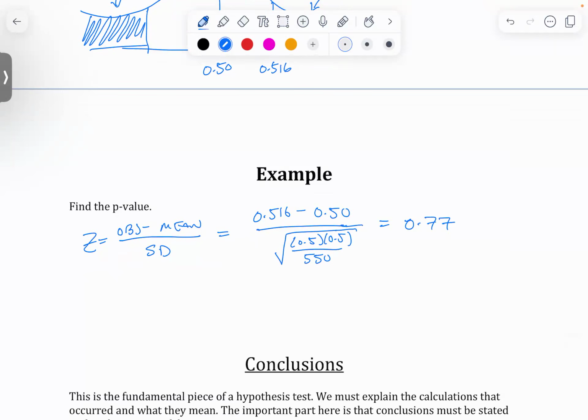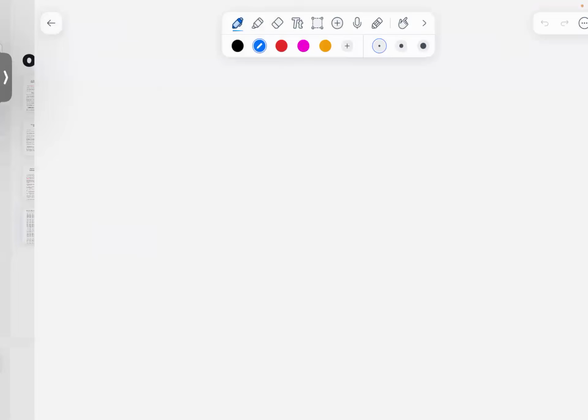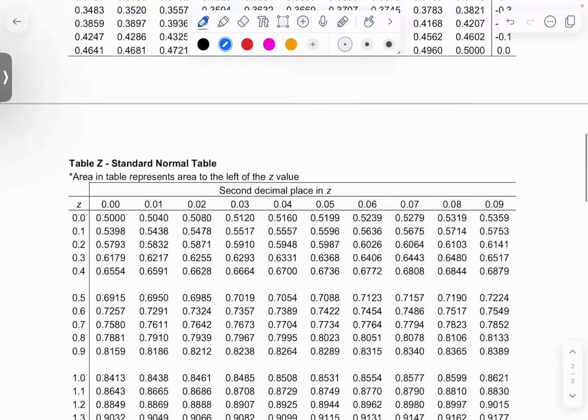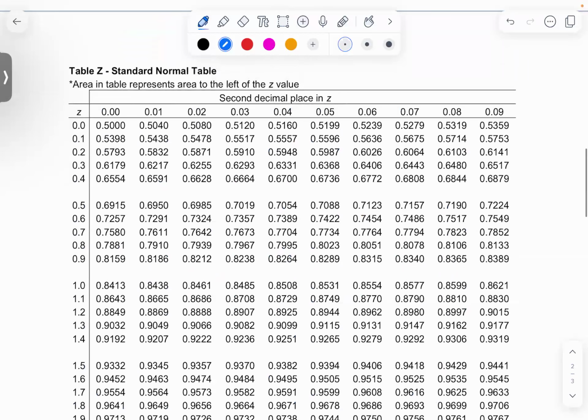We then look that number up in our z table. And 0.77 is right here. It gets us 0.7794.